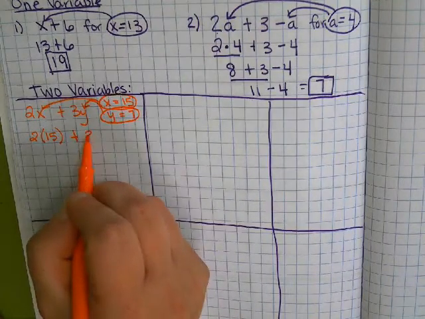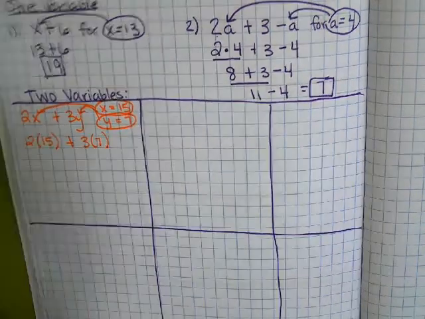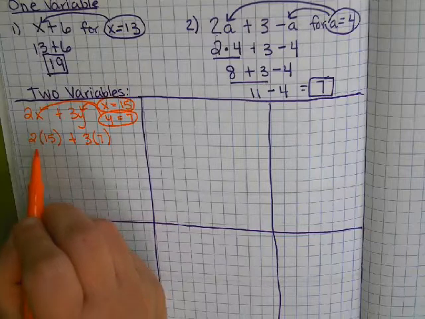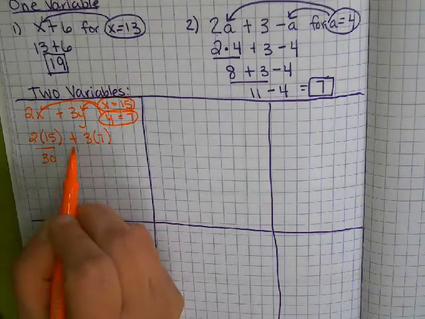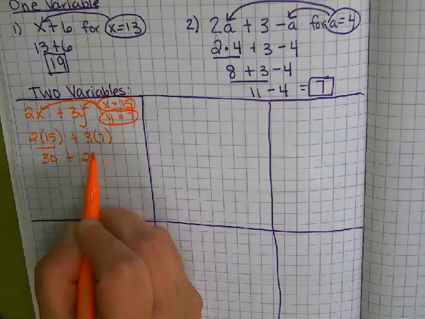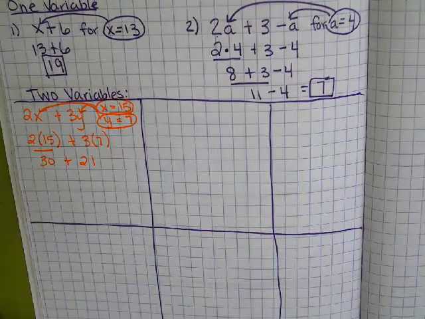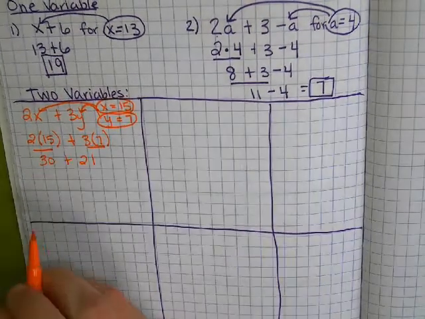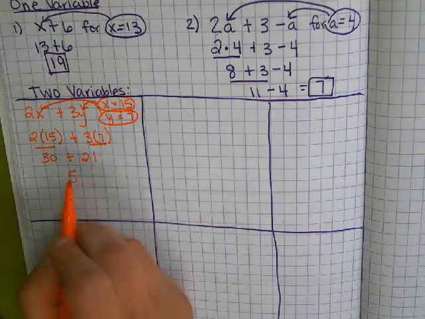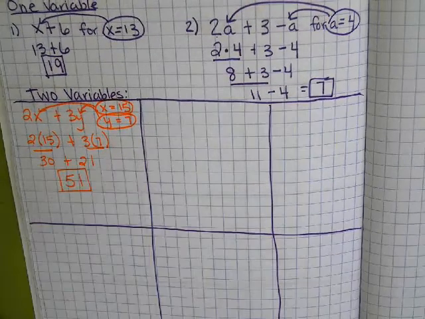You have to go 3 times 7. Now we must follow order of operations. 2 times 15 is 30, plus 3 times 7 is 21. Got to do our multiplication first. Then 30 plus 21 gets us to our final answer of 51. Good job.